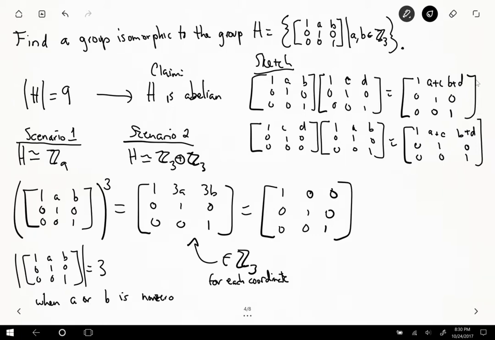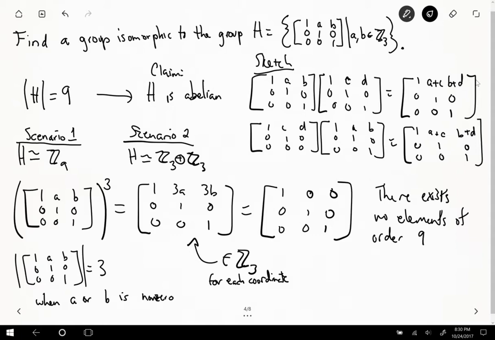Okay, so the order of that element is 3, and that's a general element. So there exist no elements of order 9.